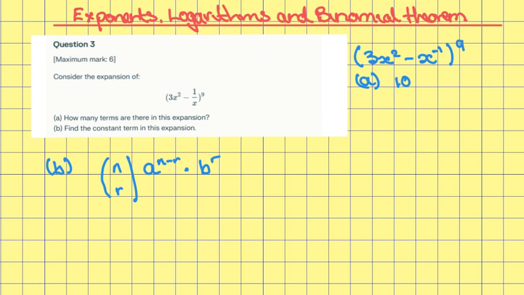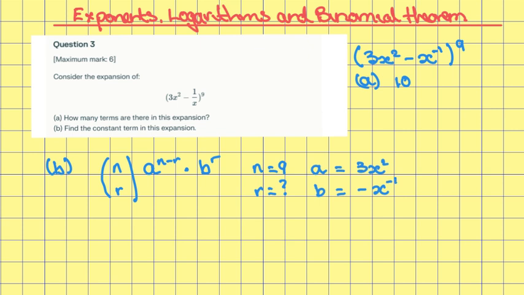Now let's write down what we've got. Well, we know n is equal to 9. r, we don't know. We're going to have to find. a is the first term in the expansion, so that's equal to 3x squared. And b is the second term in the expansion, so that is minus x to the power of minus 1.